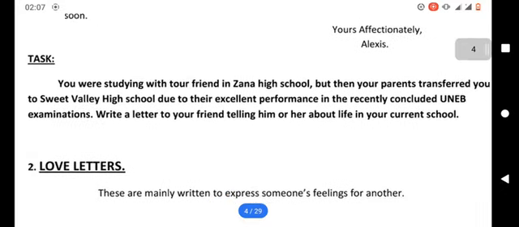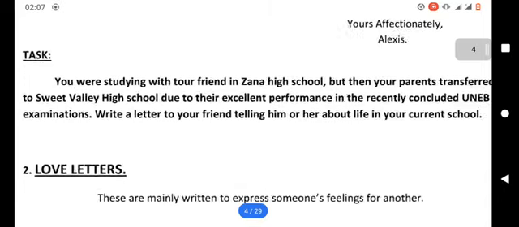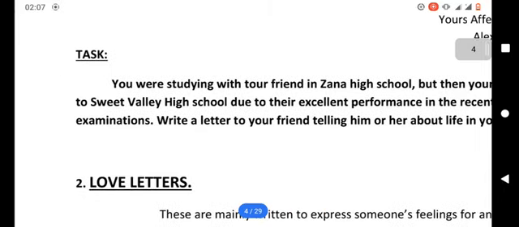So in this case, I'm going to give you a task. Using the example I've given you above and the information you have in the previous part about letter writing, informal letters, this is the task.